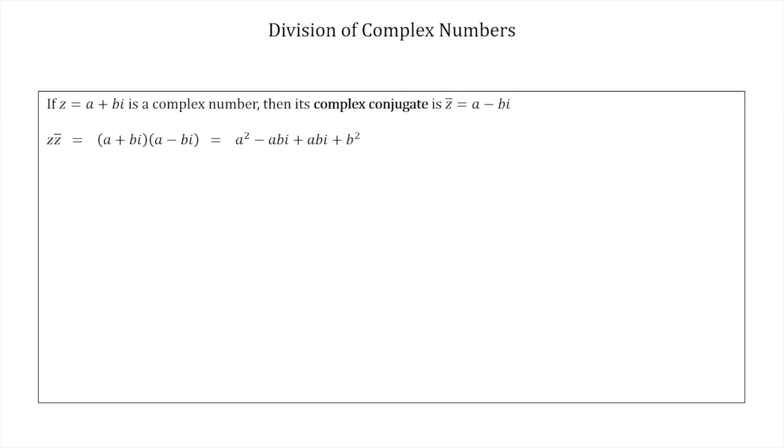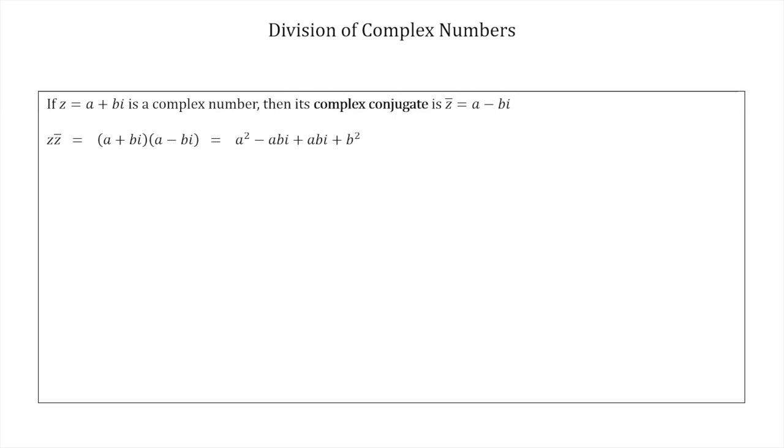Why is it plus b squared? This might look a bit strange. Well, we get bi times minus bi. That's b times minus b, which is minus b squared, and then times i squared, which is minus 1. So we get minus b squared times minus 1, which is just plus b squared. You can try that yourself if you don't believe me.